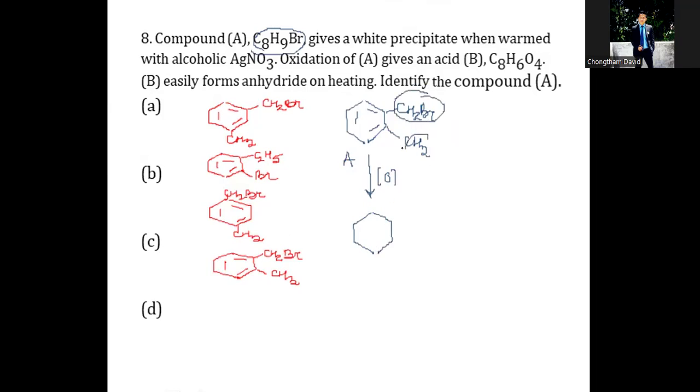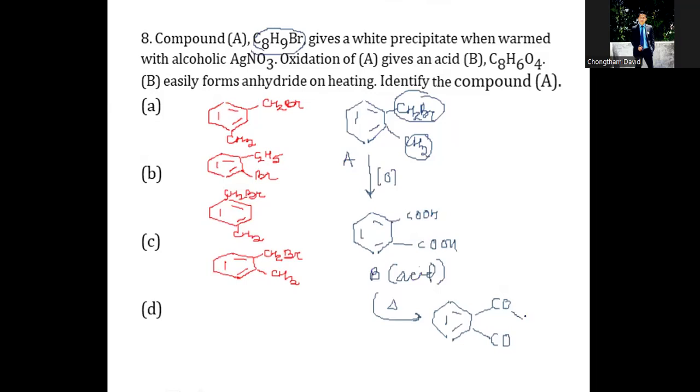Both groups go and form a functional group, phthalic acid. Okay, it is an acid. B will be the acid. When you heat this, refer to phthalimide synthesis, now you will form phthalic anhydride, CO with one oxygen bridge.